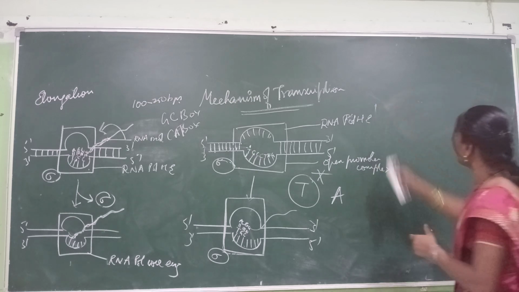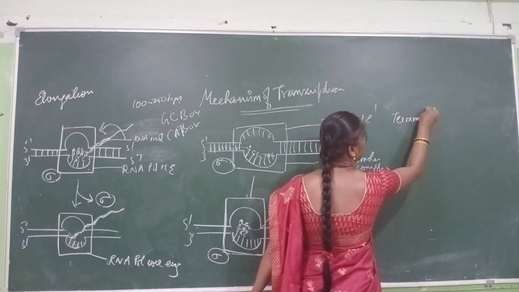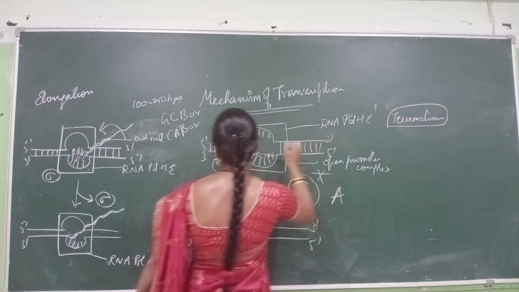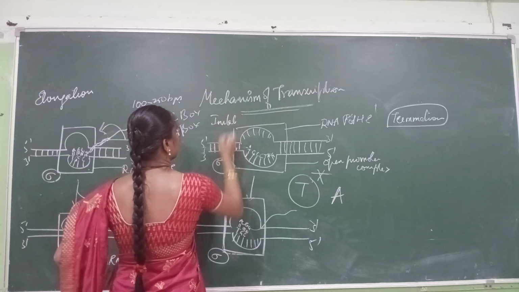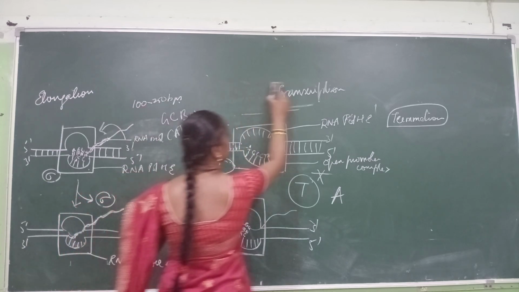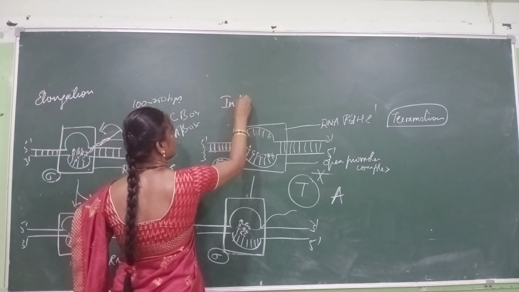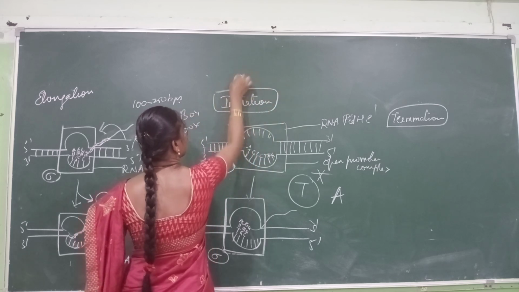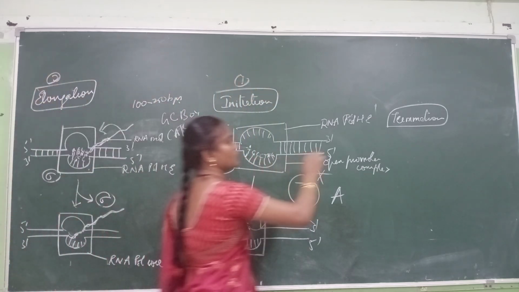So termination is carried out by a 3-step process. So this is your termination and this is your initiation. This is your first step, this is your second step, and that is your third step.